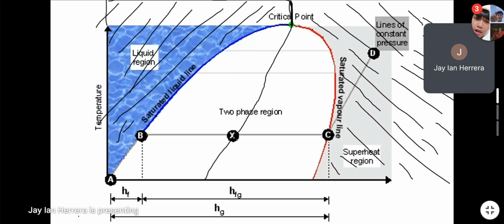Ayan. So, now, technically, it is a vapor with 0% liquid or parang 0% moisture. So before siya ma-superheat, it is purely vapor muna. Yan yung saturated vapor natin.